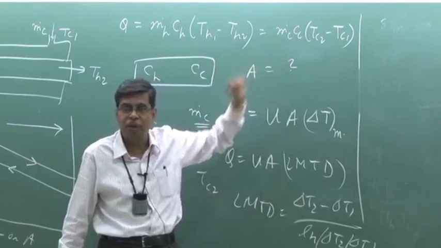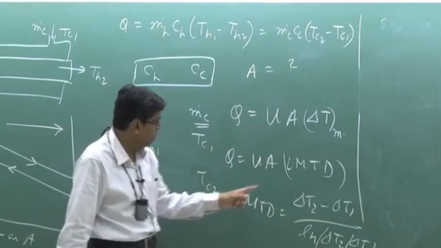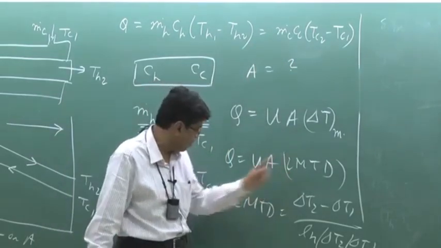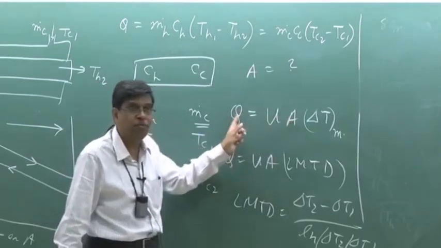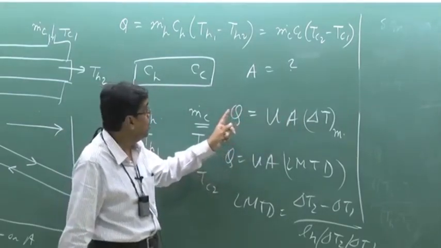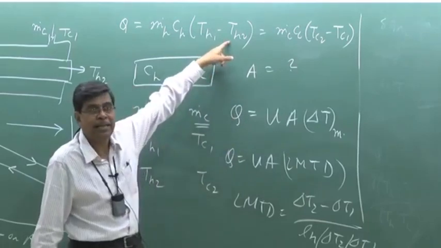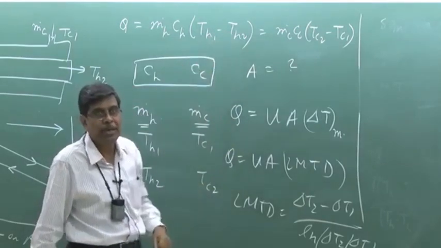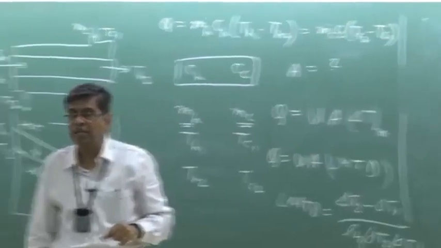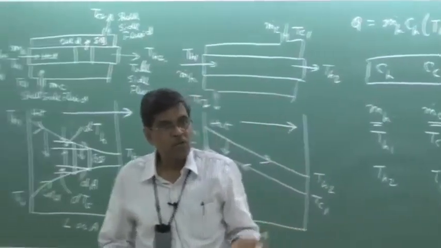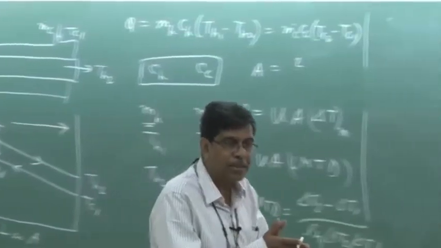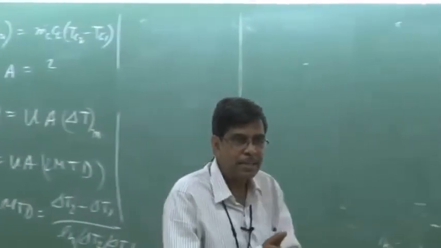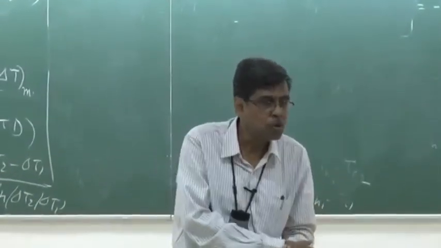Both are assumed values. Then you find out LMTD, obviously with these assumed values. Then with this LMTD, since A is known, we find out Q. Now with that Q, we iterate. That means we refine the value of Th2. Clear? So this way we do both Th2 and Tc2 until they converge with each other. That means the new value is close to the earlier value.